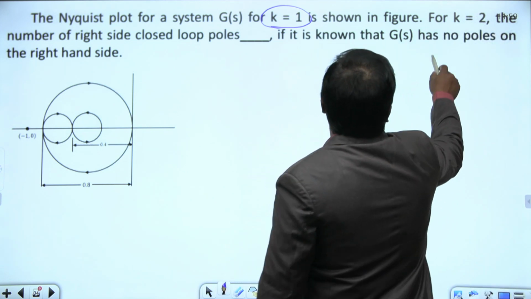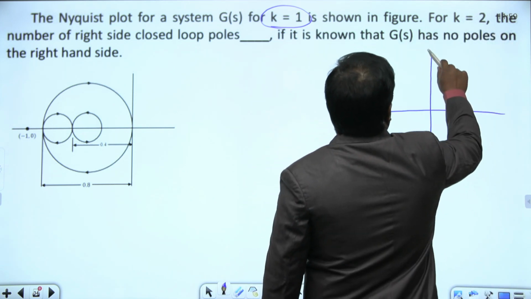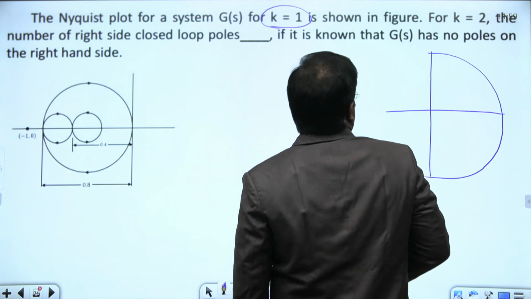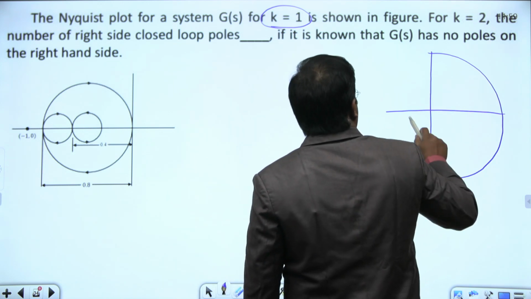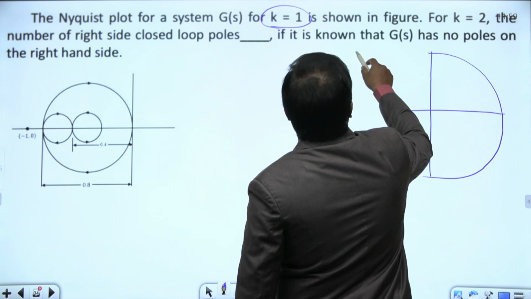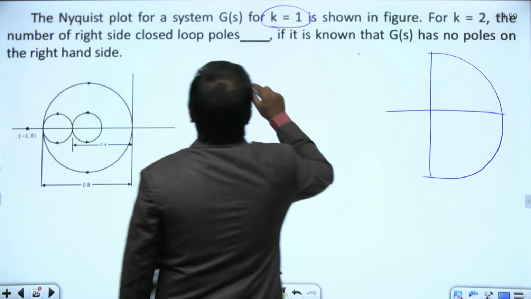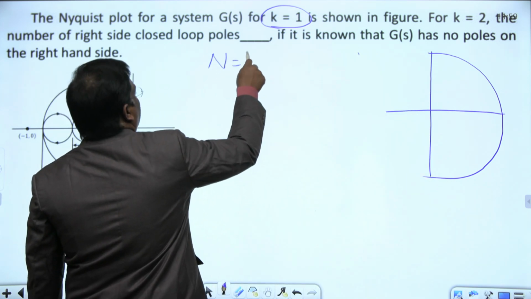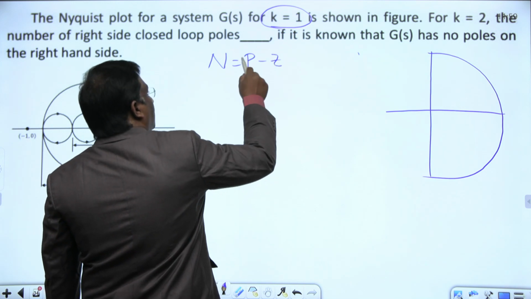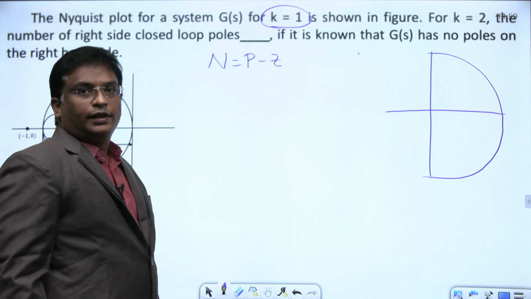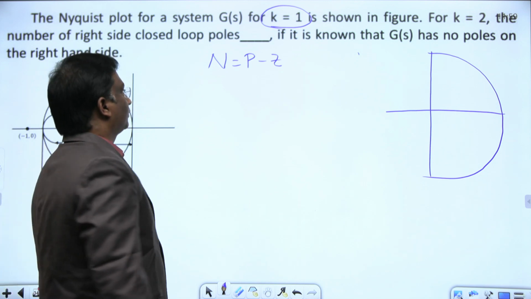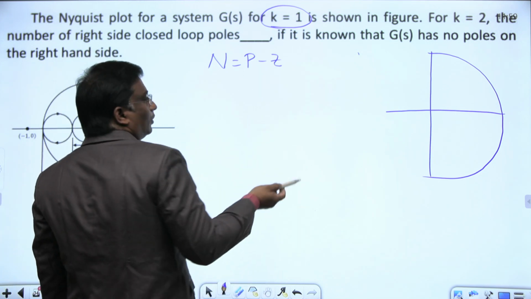Suppose they have taken the contour like this, with no open loop poles. The number of encirclements is P minus Z, where P is the number of open loop poles and Z is the number of closed loop poles. When Z equal to 0, the system is stable.